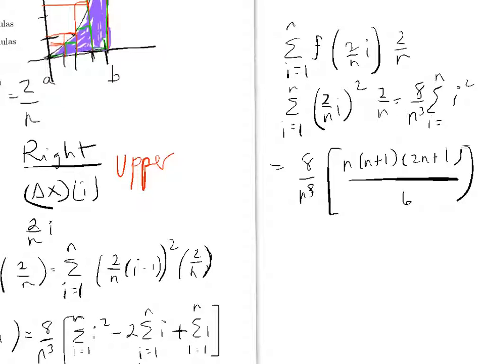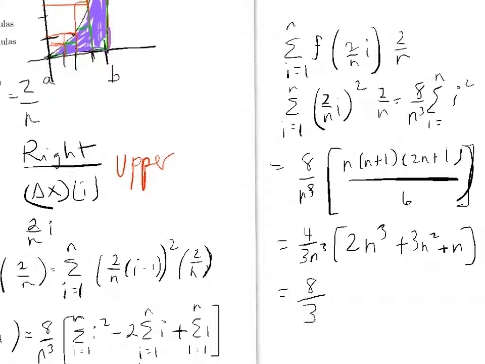Finishing that off, you get 4 over 3n cubed times 2n cubed plus 3n squared plus n, for our final answer of 8/3, interesting, plus 4 over n plus 4 over 3n squared. That is our upper sum.